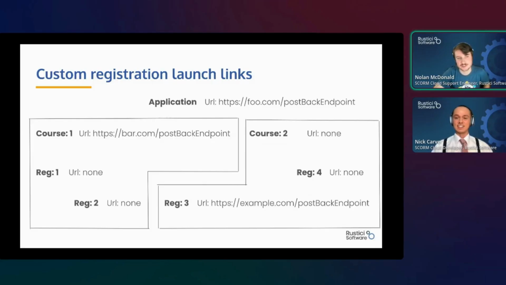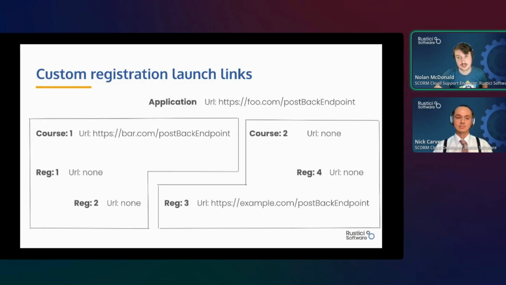Just as a quick example, let's say you have a postback URL configured at the application level to go to foo.com/postback endpoint. And in your application in SCORM Cloud, you have two courses. Course 1 also has a postback URL configured, and 2 registrations with no postback configured.